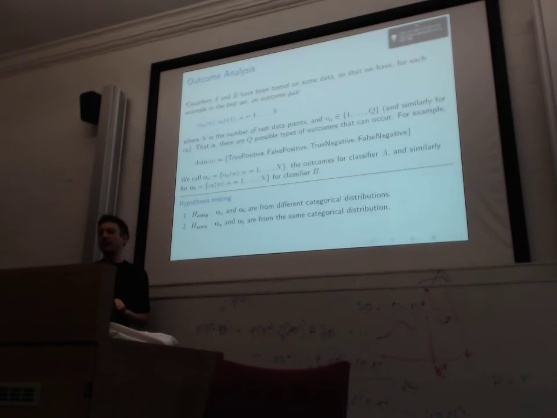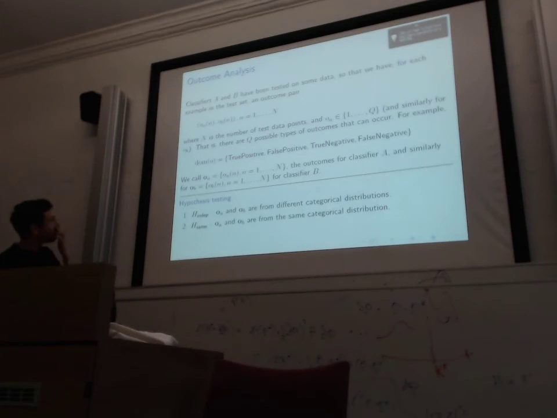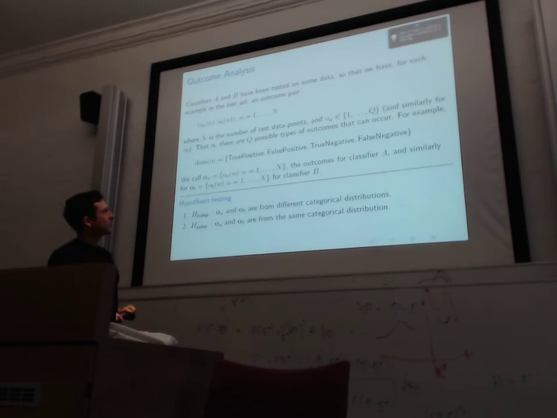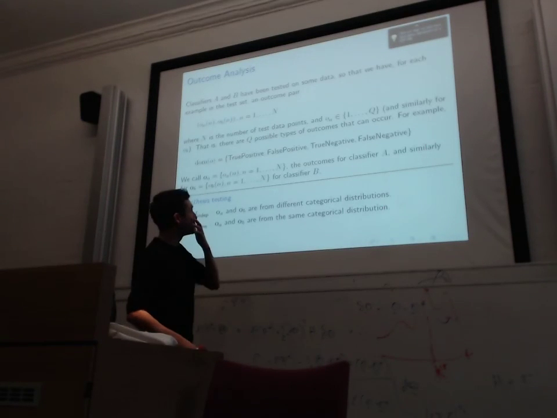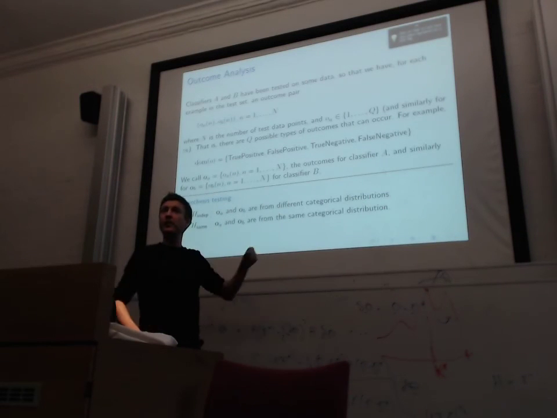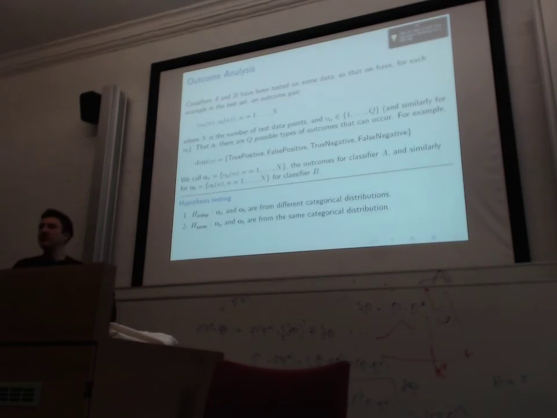I'm going to use an example where we've got, say, two classifiers, A and B. Some outcomes are, say, that classifier A gets this thing correct, so it's a true positive on that particular example. Or it could be false positive, or true negative, or false negative. Those are, for example, 4 outcomes that this classifier A might have on a particular data point.